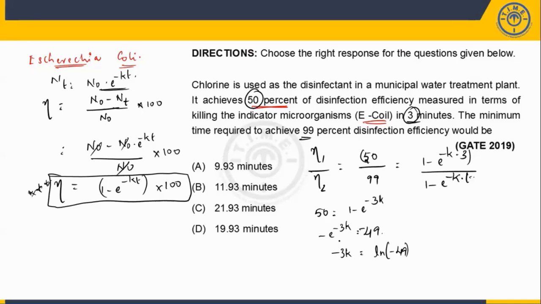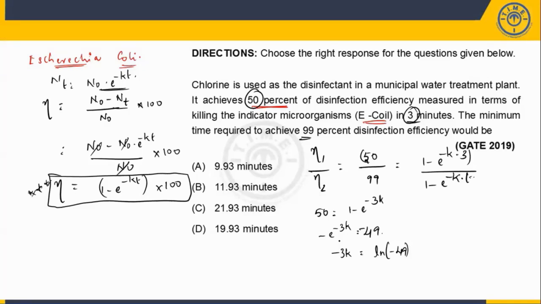Sir, my calculator is showing math error. Log of a negative number, some error. Okay, there is some error.